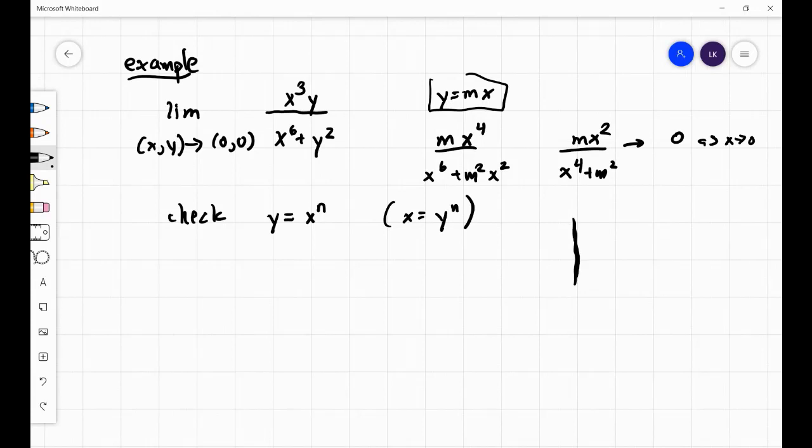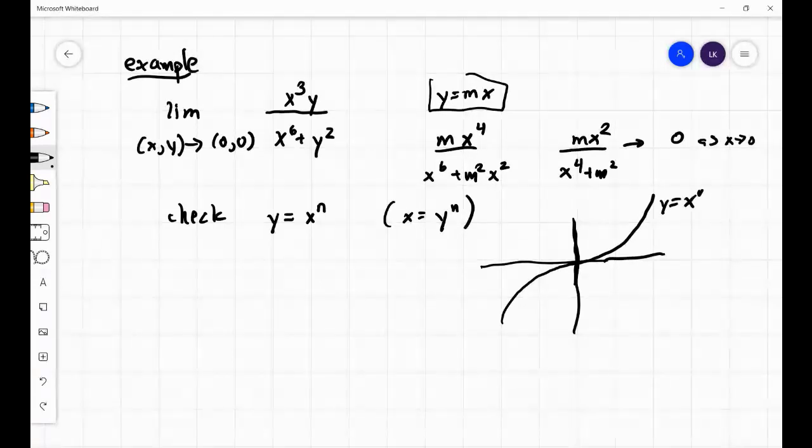So notice what that is. It's just like a polynomial that goes through the origin. So we're going to be approaching the origin along this polynomial curve. I'll tell you really quick, suppose n is equal to 3, and I chose 3 because I have a y squared.